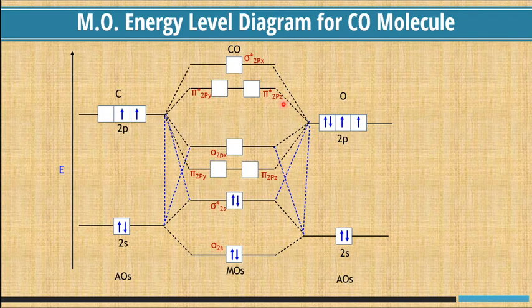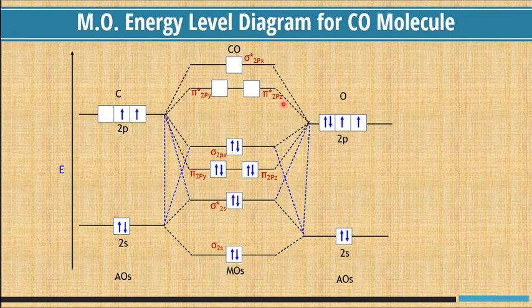Similarly, the electrons from carbon and oxygen enter into the pi 2py and pi 2pz molecular orbitals, and they also enter into the sigma 2px orbital.